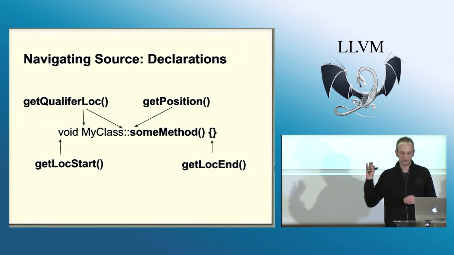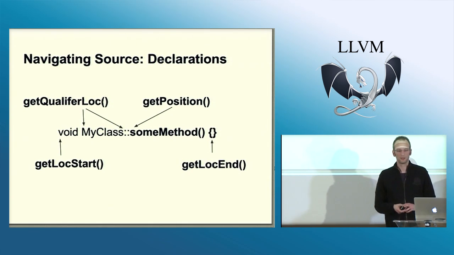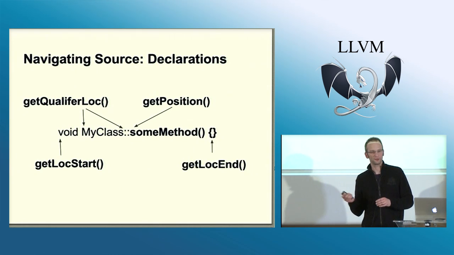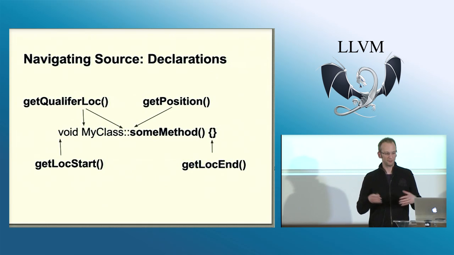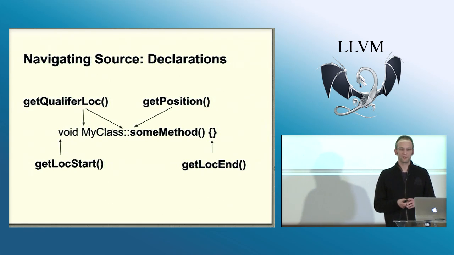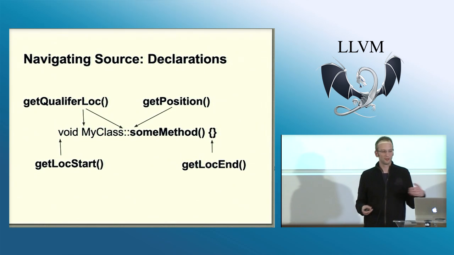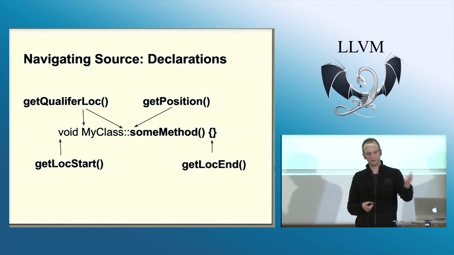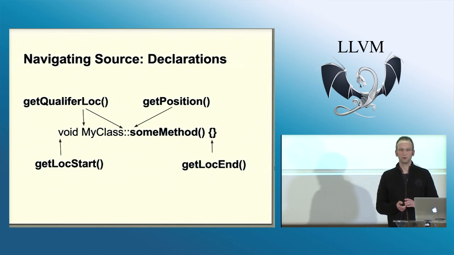So let's look at how you get to locations for the common core classes we have. Let's start with a declaration. Declarations are actually pretty simple and have some very common ways of dealing with them, right? The first thing you notice is that they usually have a getLocStart and getLocEnd, which point to the first token and the last token respectively. In this case, the closing brace is the last token.